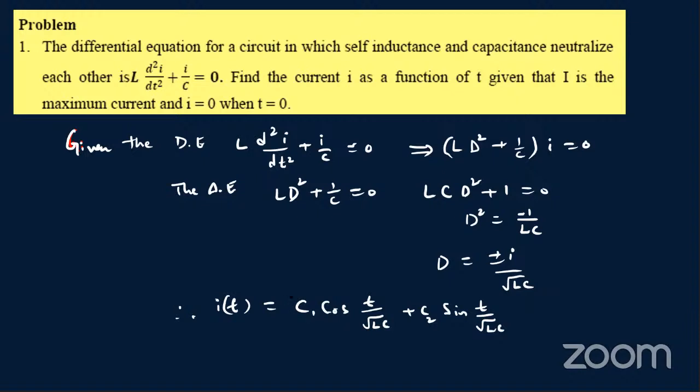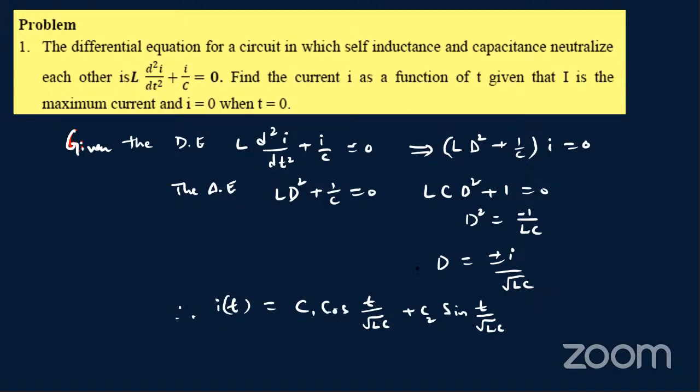The general form of complement function when the roots are complex is e power alpha x into C1 cos m2 x plus C2 sin m2 x. Here m2 is nothing but 1 by root LC. So the complement function is C1 cos t by root LC plus C2 sin t by root LC.